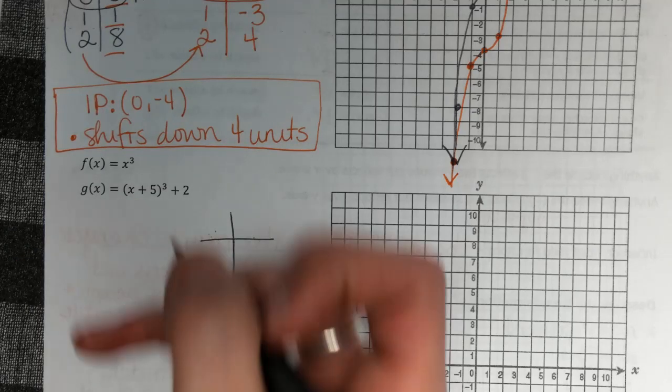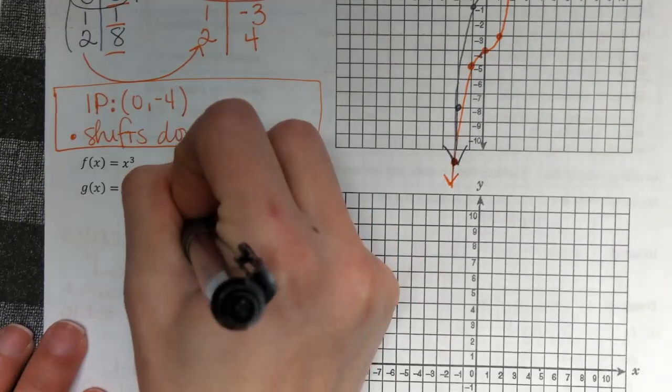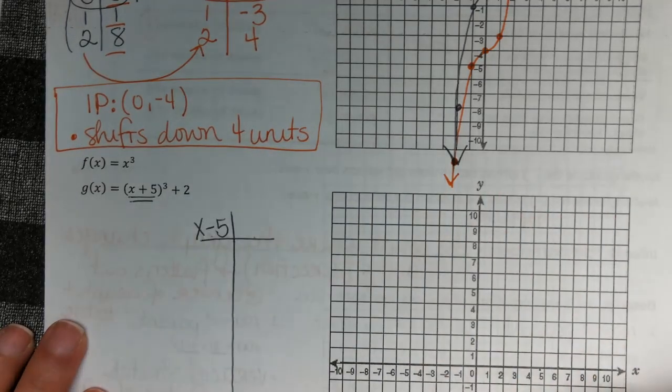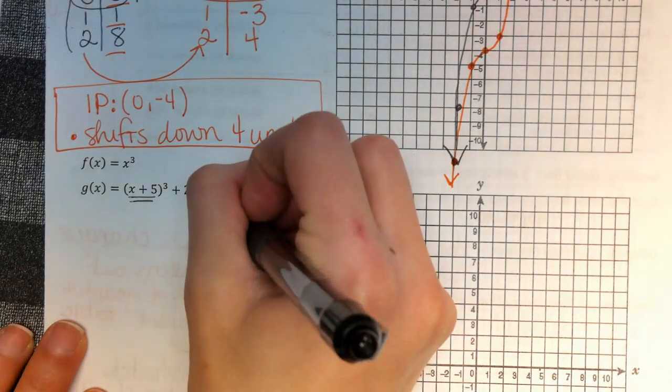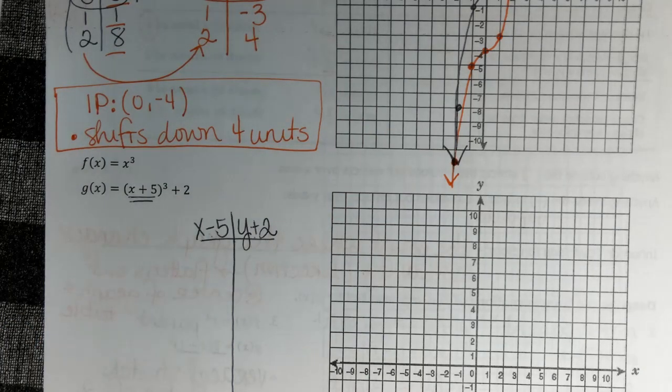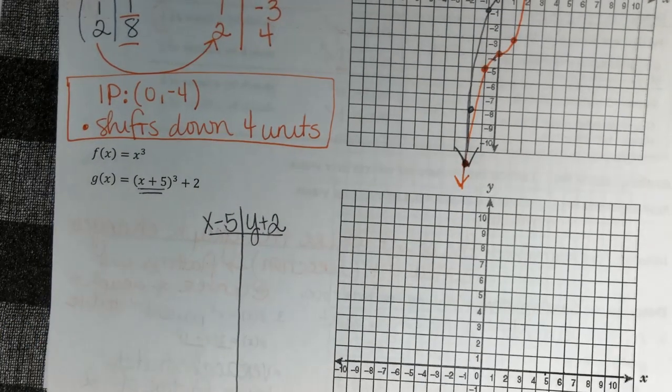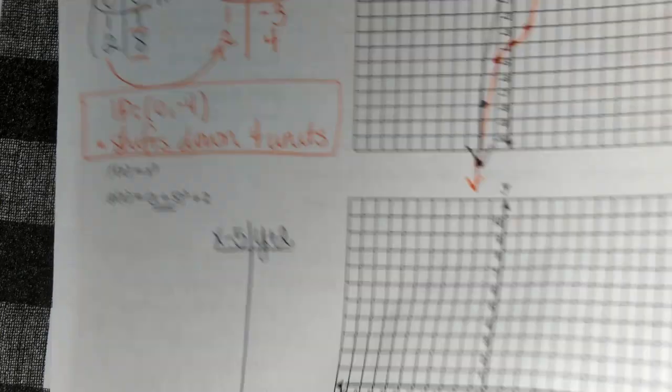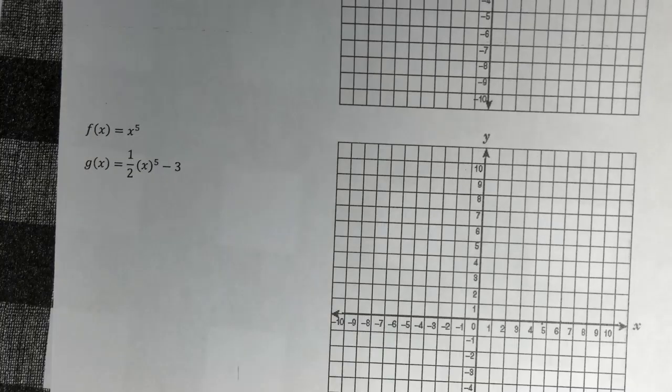X plus 5? X minus 5. X minus 5. Remember, it's the opposite of, so you would do x minus 5 and then y plus 2. Y'all understand how you would build that? Okay, we're going to skip that if y'all are okay with skipping that, because I've got other examples that I want to show you.